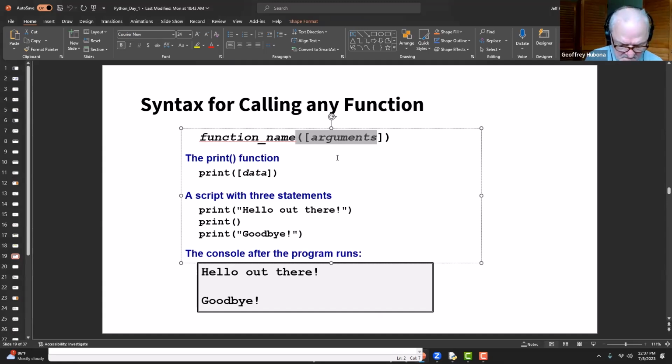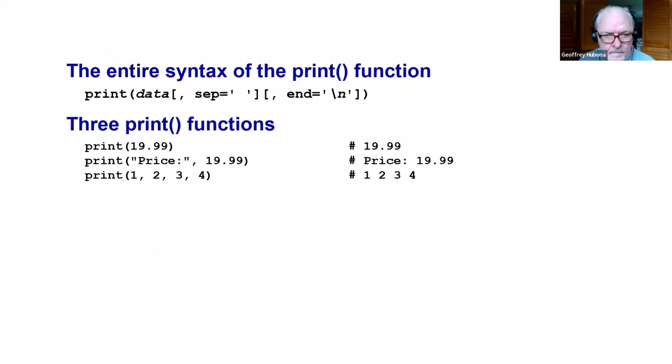Here, let's do something. Well, we'll get to that in a second. Okay, so this is pretty simple. Okay, so here we're looking at the entire print function. And again, print function has an optional.